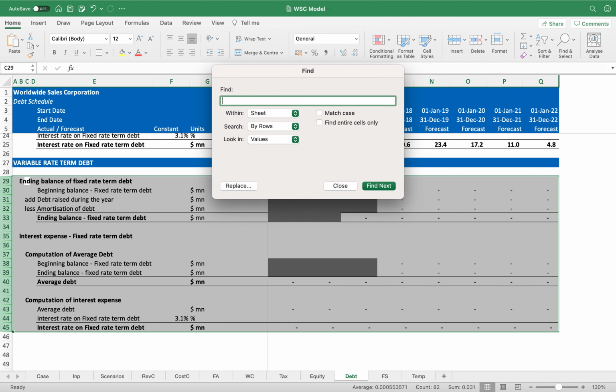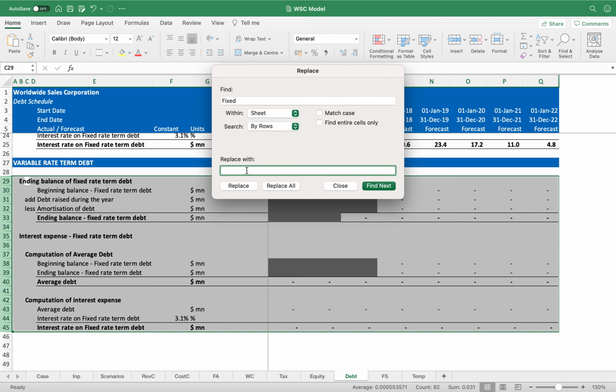Right? So find fixed and replace with variable.